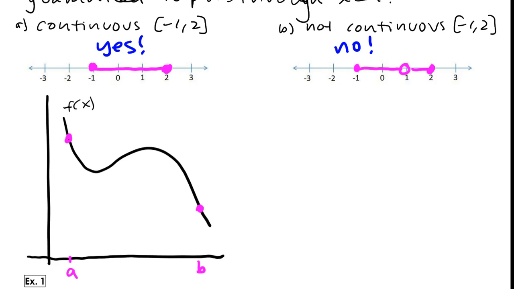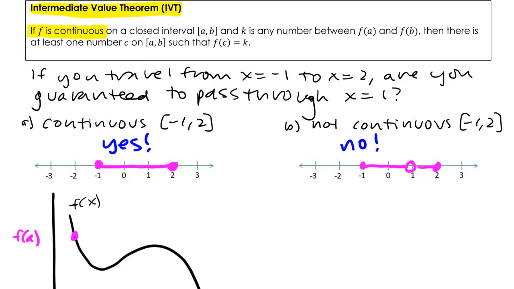Now one thing to note we're going to do this year is if I know that this value right here is a, and I know I'm on the function f, do you guys get that the output then has to be f(a)? And likewise, this output, if we follow it across, will be f(b). The next part of the theorem says that k is any number between f(a) and f(b).